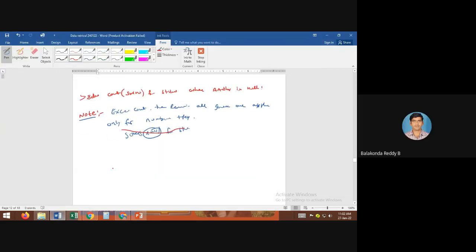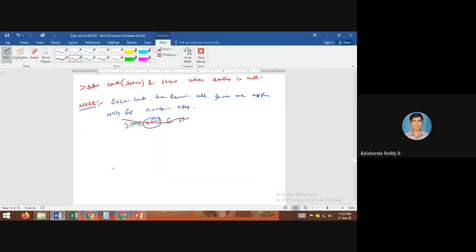Guys, listen carefully and observe that. Suppose there are 8,000 records in the student table, in different branches: CSE, ECE, EEE, Mechanical, Civil, MBA, MCA.